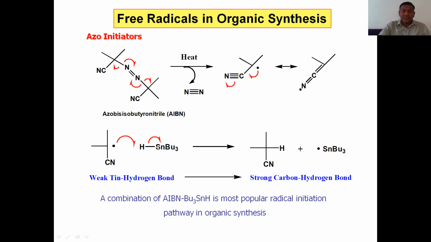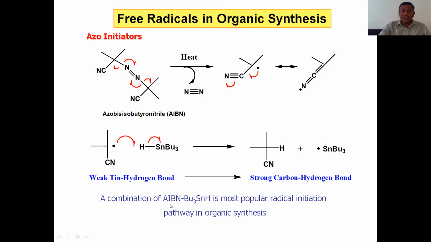If we have tin hydrogen, we can say butyl tin hydrogen. So when there is a weak bond between tin and hydrogen, this radical will abstract the hydrogen, and there will be formation of the tin butyl radical.